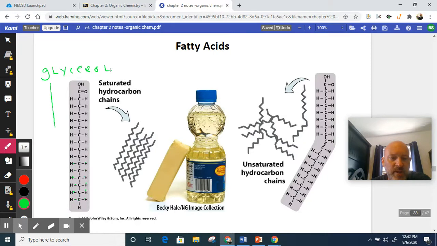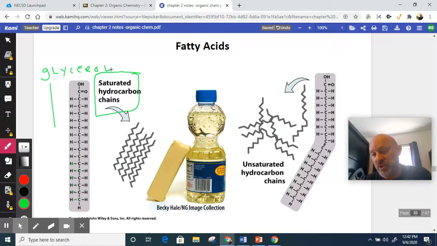So this carbon is making bonds with the 2 neighboring carbons, and then with its 2 leftover bonding sites, we have hydrogens. So every carbon is completely saturated. We cannot squeeze any more hydrogens in here at all. It's completely filled. Therefore, these fatty acids are called saturated fats or saturated hydrocarbon chains.